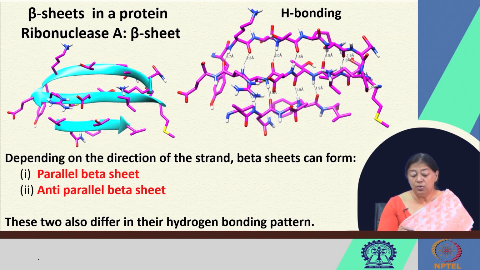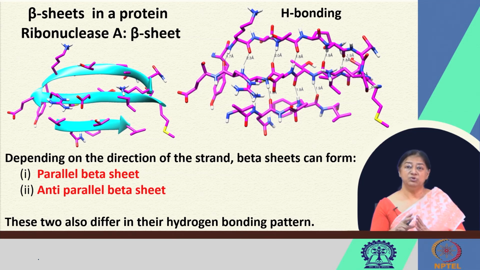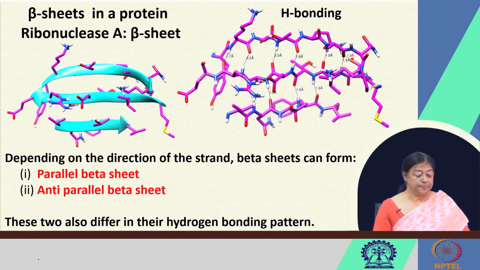So an alpha helix has to be continuous in the polypeptide chain, but the strands in the beta sheet can come from different regions of the polypeptide chain, bringing them together in specific patterns that are known as the secondary structure beta sheet.